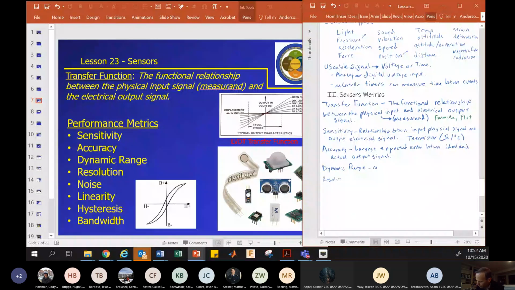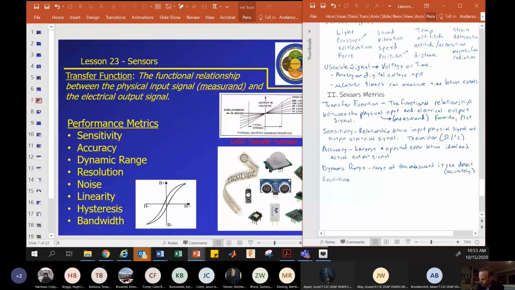The range of the measurand it can detect, and I would put in parentheses accurately, because it's not super helpful if it can detect things inaccurately. Although, as long as it's repeatably inaccurate, then we can sometimes compensate for that.